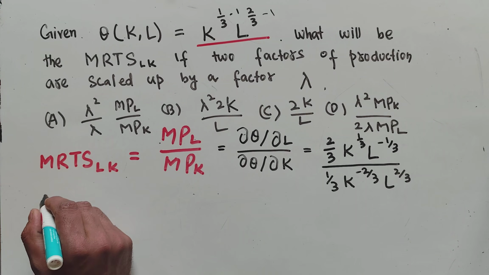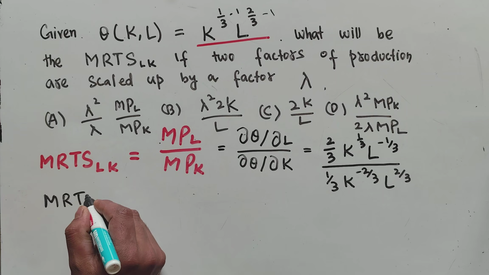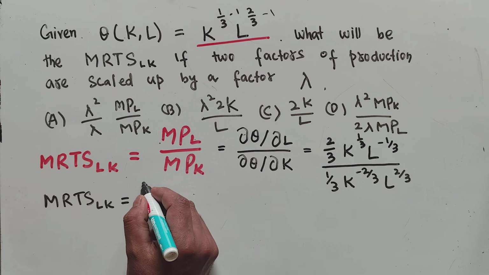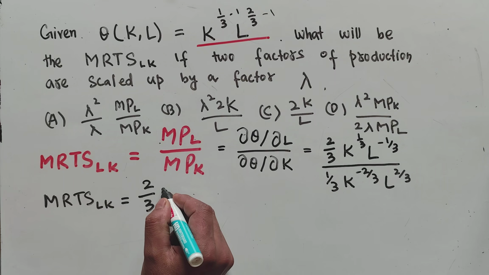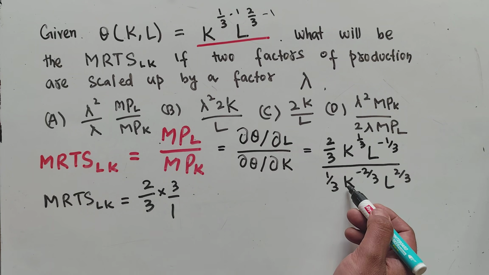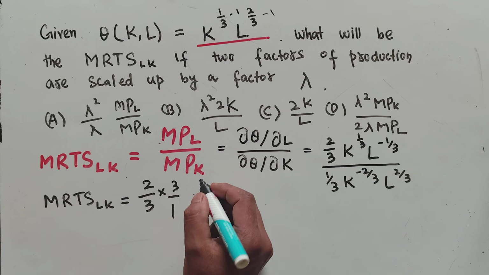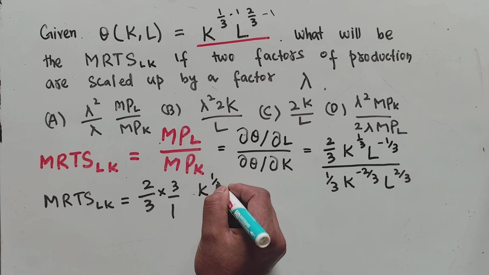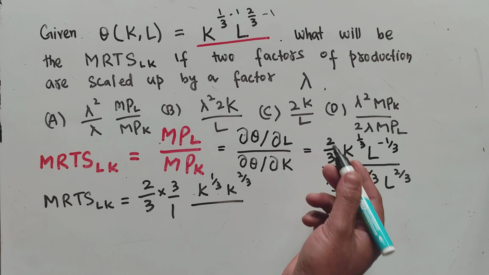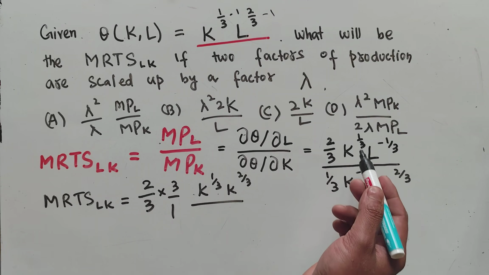That implies the marginal rate of technical substitution between labor and capital is equal to, so let us simplify it, 2/3 into, transpose it, it becomes 3/1. Transpose this K here, it gets added with this, so we get K raised to the power 1/3 times K raised to the power 2/3. The exponent sign changes when we transpose it from denominator to numerator.